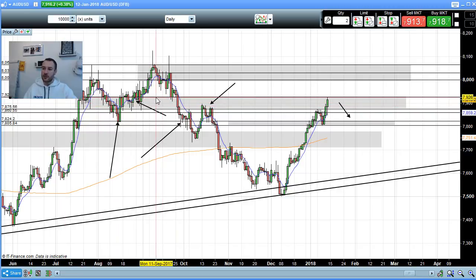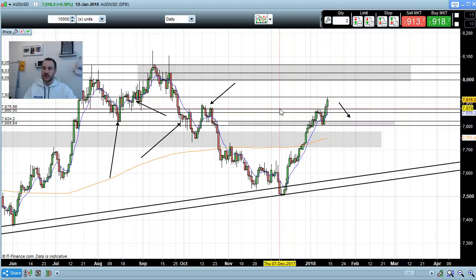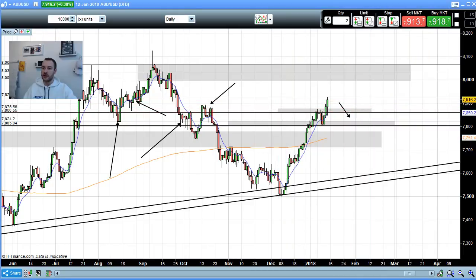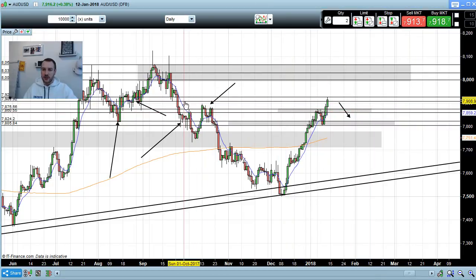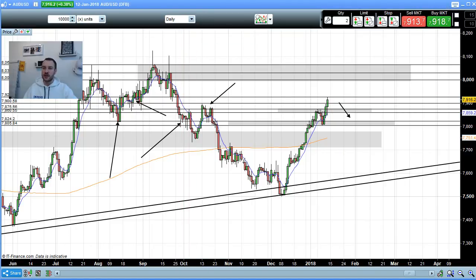I don't really want to bring the upper band down too much. So what we could do is split this into two zones. We have one right here, and then this one would be down towards really the 7,900 level right here, like this. And what we're looking at is the same as last week. We're currently testing up at the 7,925 level.